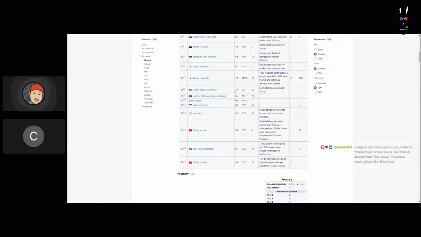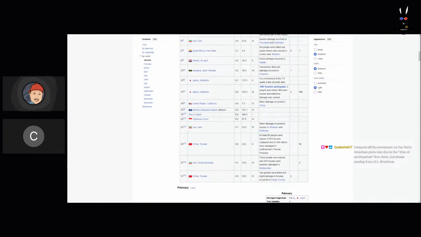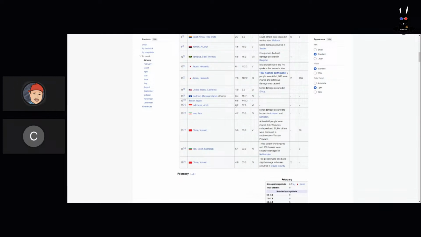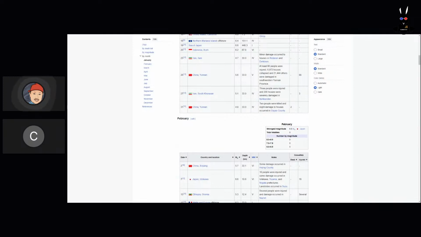California had a 4.9 in Gilroy. Isn't Sweden, Norway getting quakes right now? Yeah, they're getting smallies. And it's just because EMSC shows them. So we had a minor damage up in Gilroy with a 4.9. That's Central California. And that's in January, the year back.